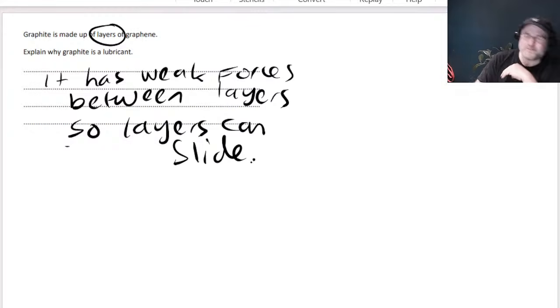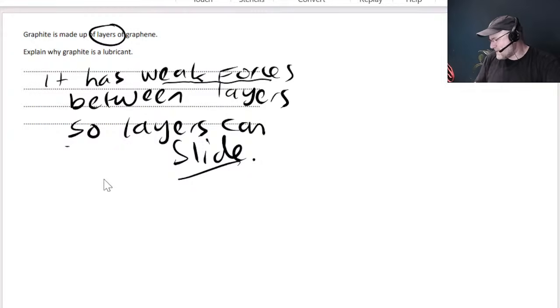There we go. It's got weak forces between the layers, so the layers can slide. So the 2 marks here were for slide and weak forces. If they hadn't mentioned layers, we might have got a mark for layers as well. It's arranged in layers.